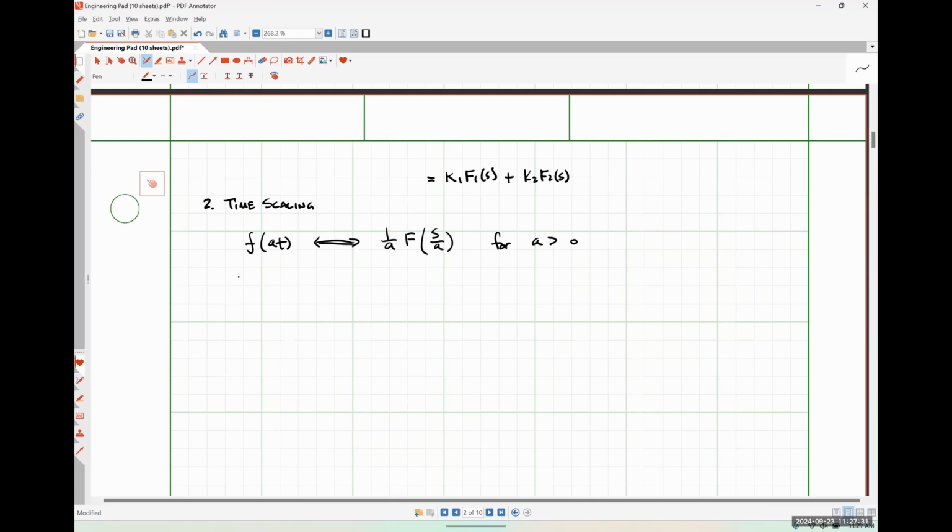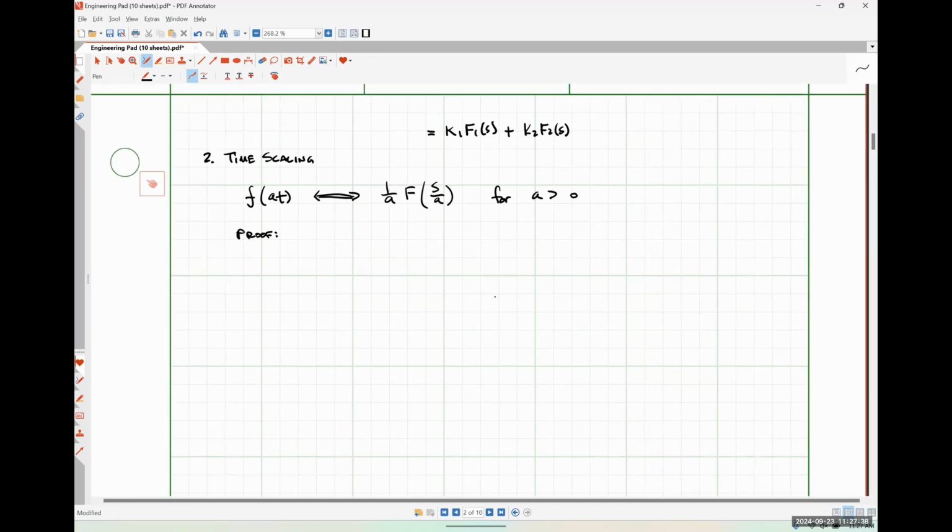And once again, we'll do a quick proof of why this works. So if I have a Laplace transform of f of at, this is by definition the integral from 0 minus to infinity of f of at e to the negative st dt.